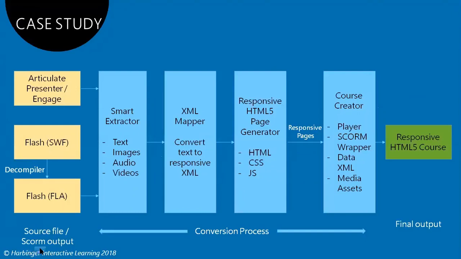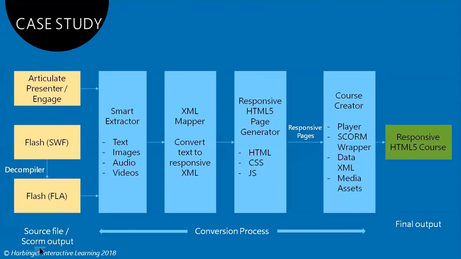Now let's look at a little more detailed insight into how this automation process actually works. We have been talking about using automation utilities, which have helped us in this modernization project. A few of the things which many of you would be able to relate to easily are that these legacy courses could have been developed in a multitude of environments.